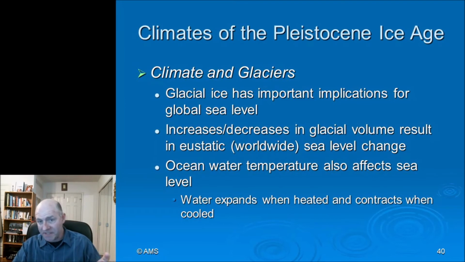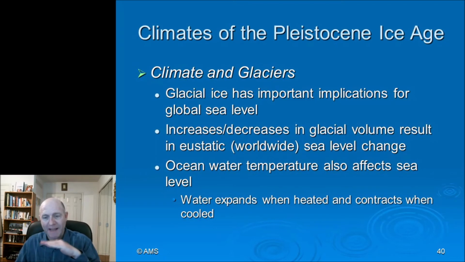The other thing about sea level rise isn't just melting glaciers, but the water temperature itself contributes to sea level rise. Water expands like many things when heated. I mean, not massively, but water expands when heated. And when you've got a very deep ocean, tiny bits of expansion do add up. Water expands when heated and contracts when cooled.